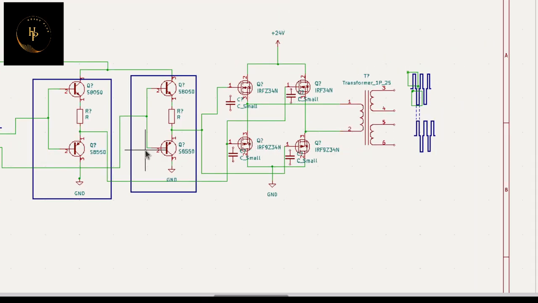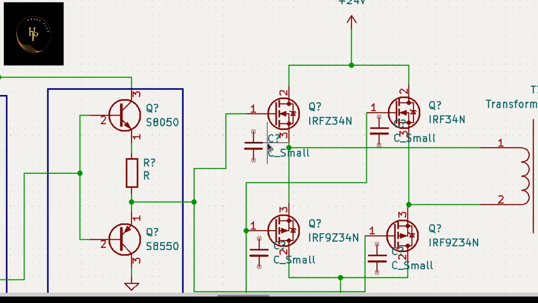And why can you not get any noise? Due to this cause, because this transistor discharges this capacitor and this capacitor, so no charge accumulates on this gate, both of them.